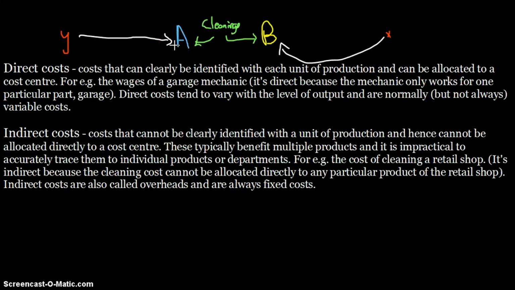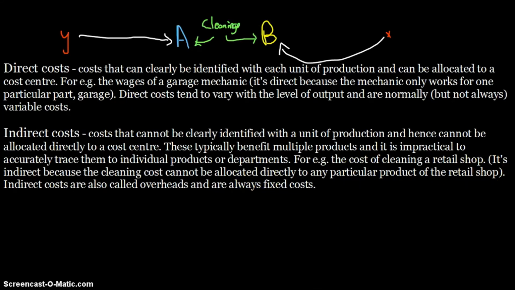This department generates revenues, and the cost for X will be paid by this department. But for the cleaning, how much cost will be paid by each department, we don't know, we can't clearly identify because it's an indirect cost.